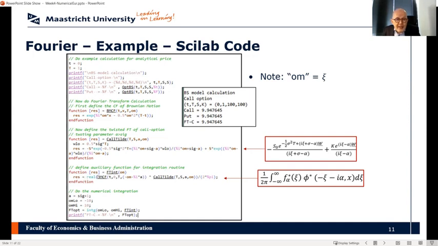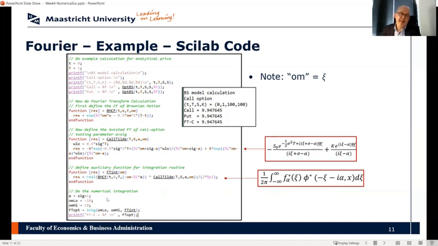So I am integrating over the real part of this Brownian motion characteristic function and the call tilde function evaluated in this argument here. And you see that I'm evaluating the Brownian motion characteristic function in the argument minus omega minus i times a, which is exactly this argument here.